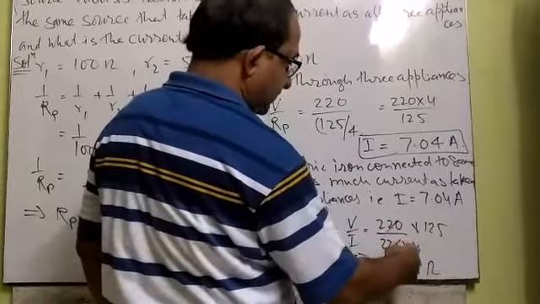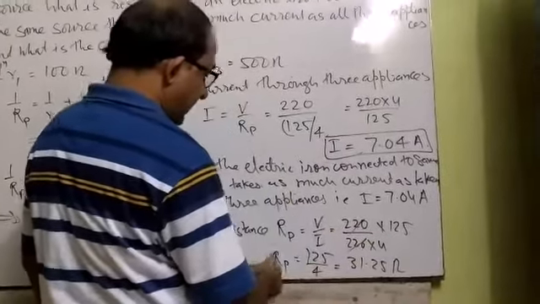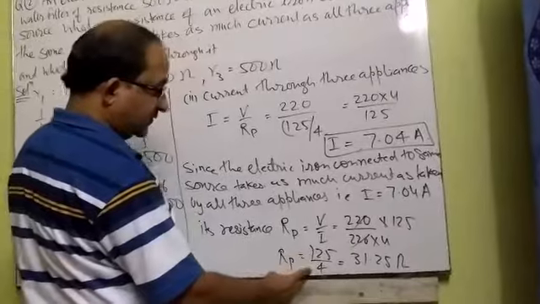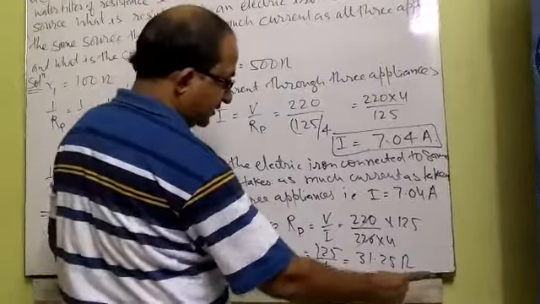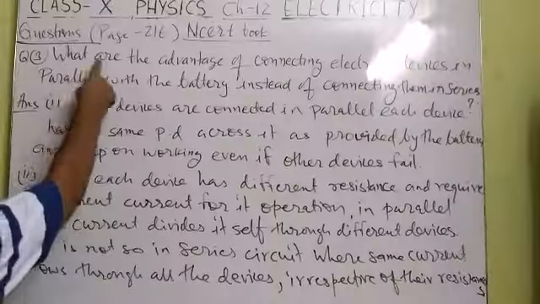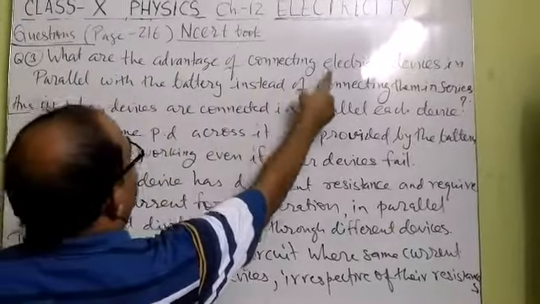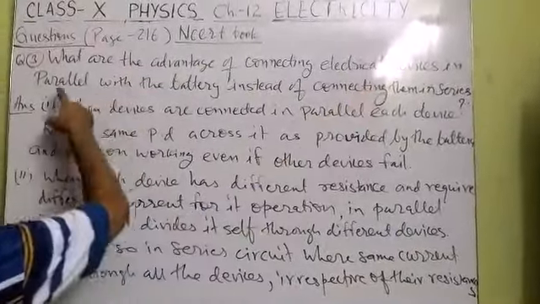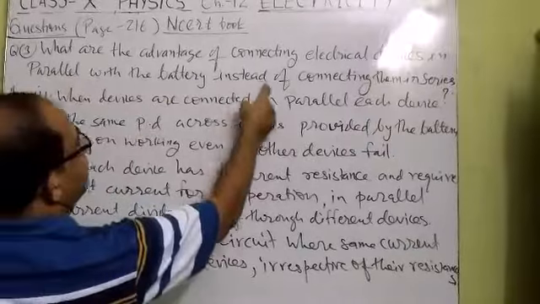Now in this way 220 and 220 cancel, and the value of Rb will be 125 upon 4, which is equal to 31.25 ohm.